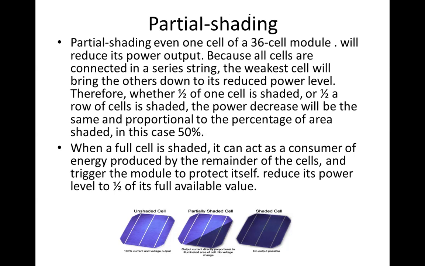So one cell or half of a cell shaded means skipping the whole row in which this cell is present. And again, if a full cell is shaded, this will make the cell try to protect itself and reduce the power to half.